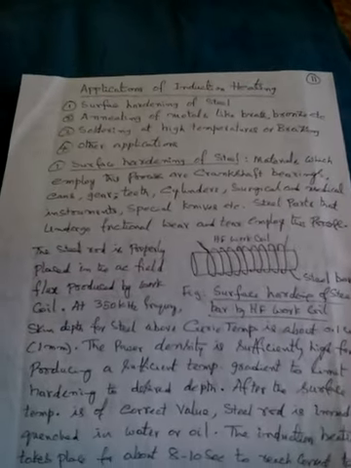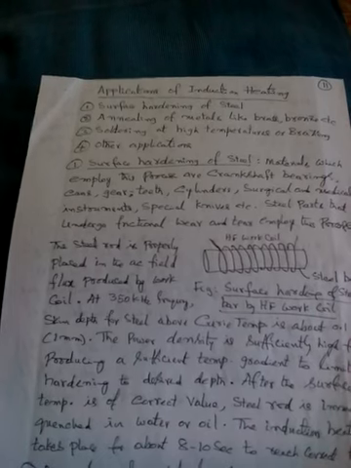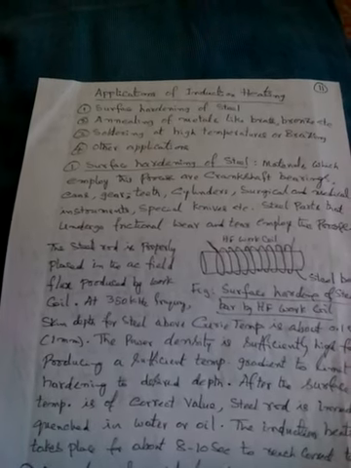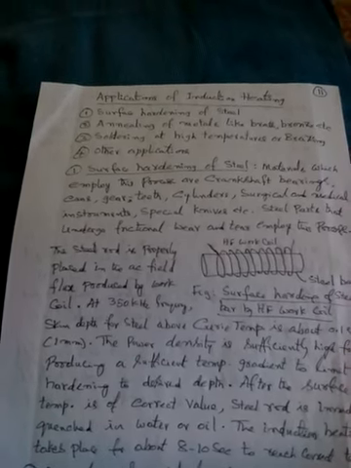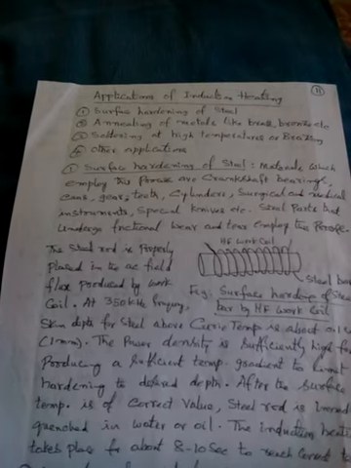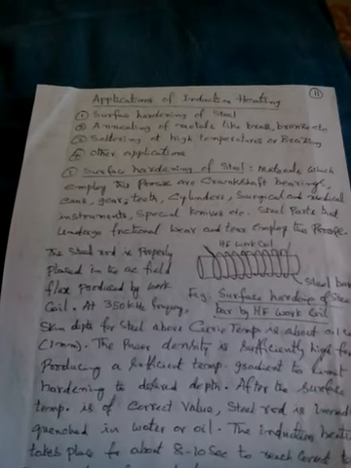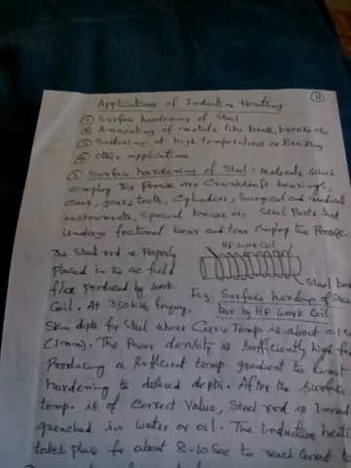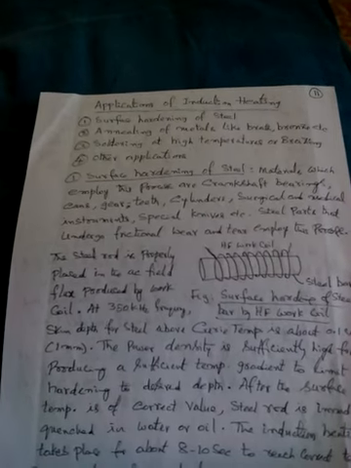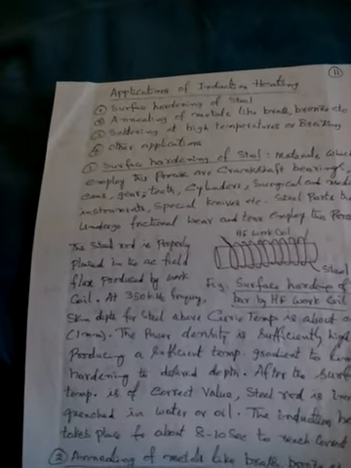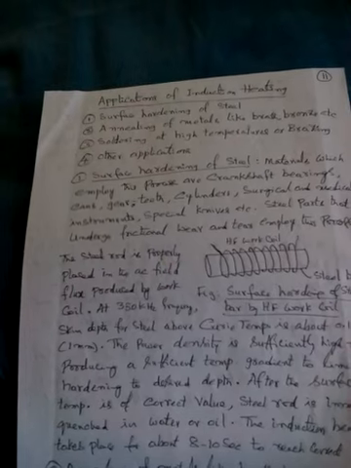One of the things about induction heating is that it is very fast. Within 1 minute we can reach a temperature of 750 degrees centigrade. So you can imagine how fast it is and how much heat is produced in a short time.